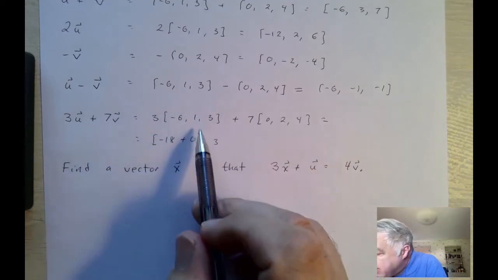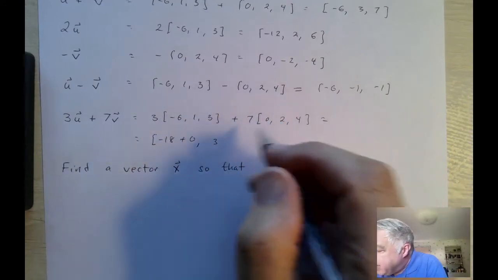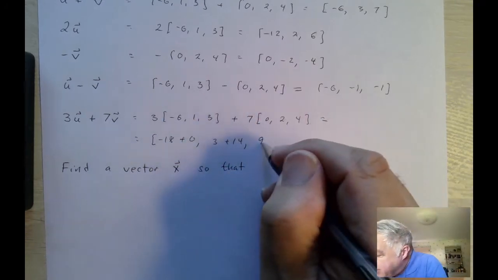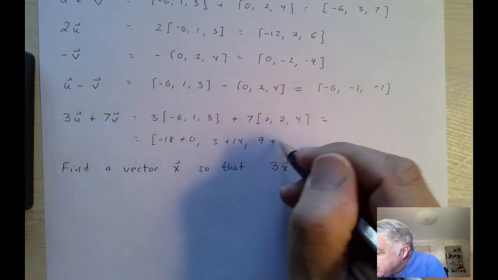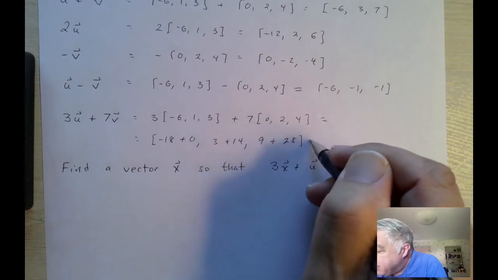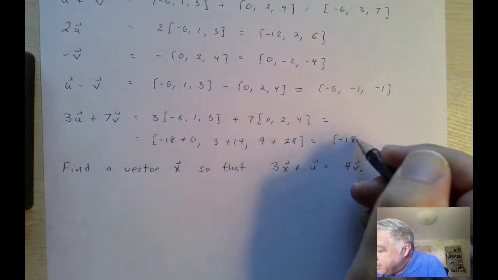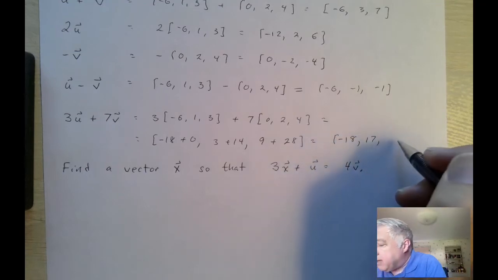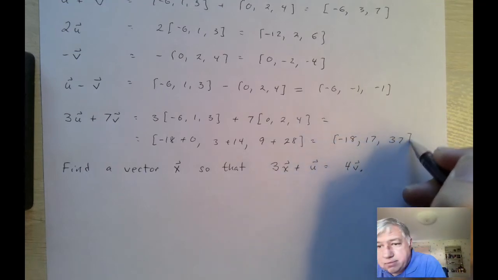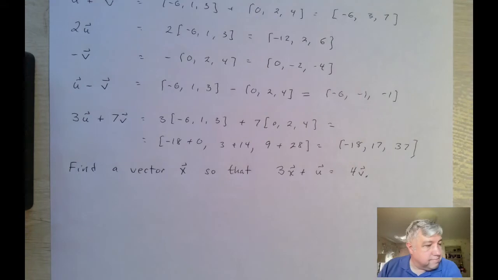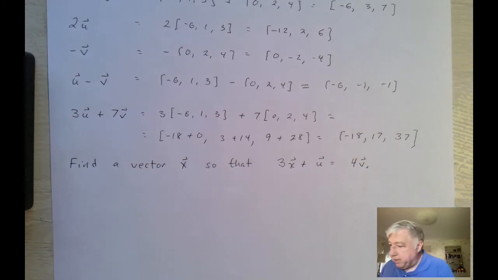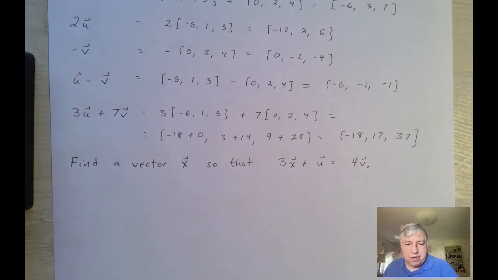Then 3 times 1 plus 7 times 2, and then 3 times 3 plus 7 times 4. So that would be negative 18, 17, and 37, if we do everything right. Again, this is just arithmetic.